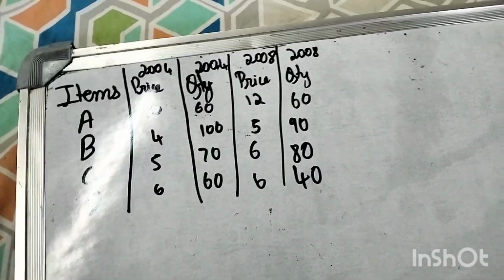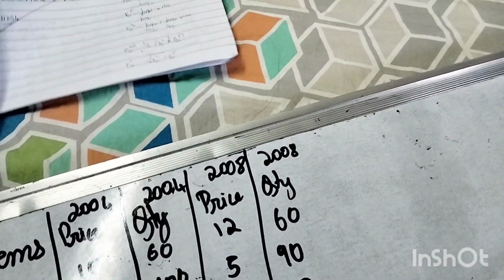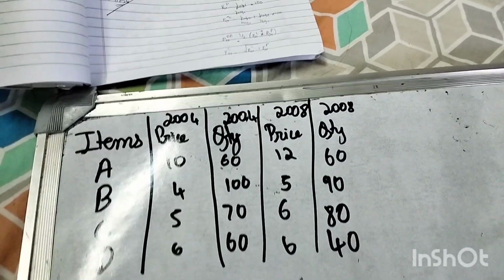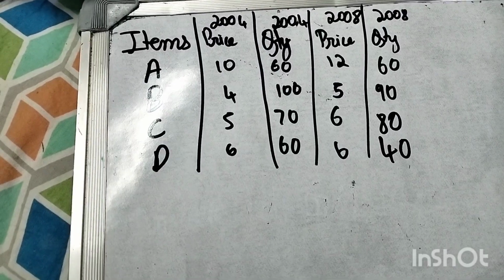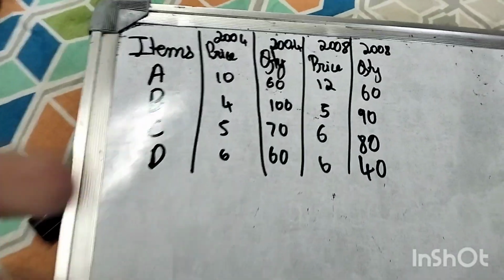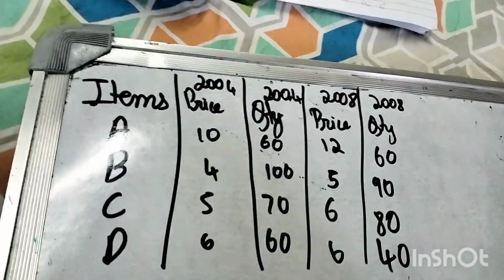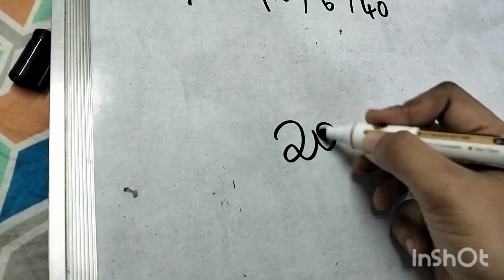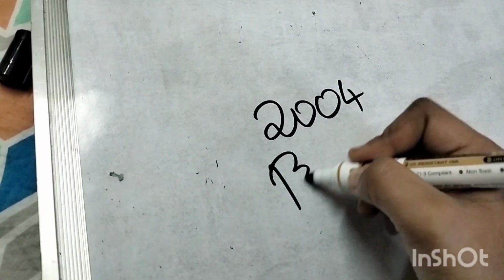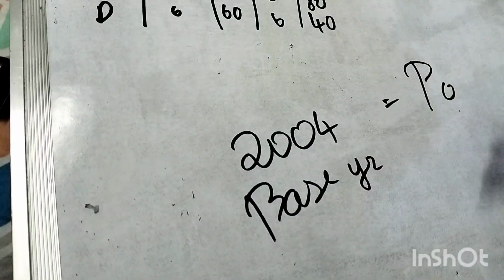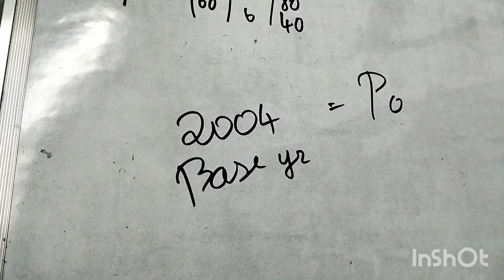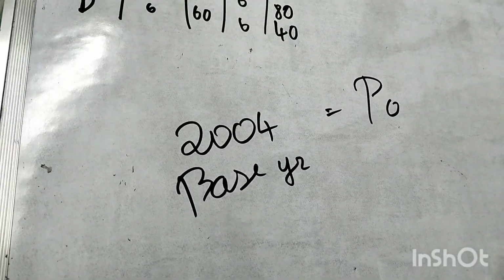This table is given, you need to find out the Laspeyres, Paasche, Marshall-Edgeworth, Dorbish-Bowley, and Fisher's price index numbers. So the table is given like this. Always remember, the base year is always represented as 0.